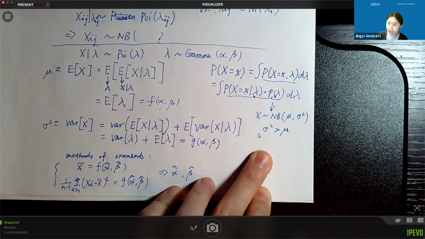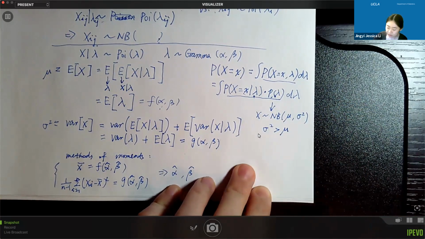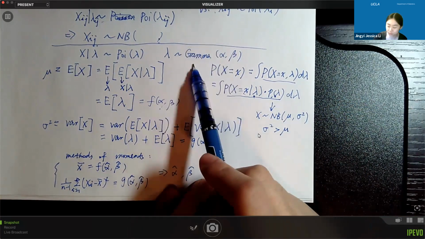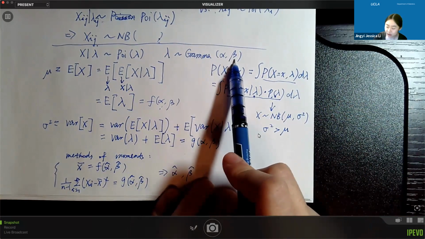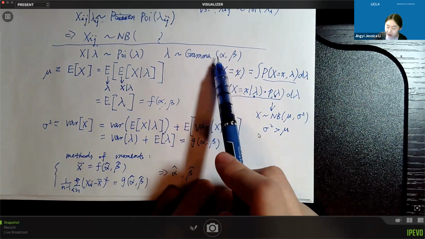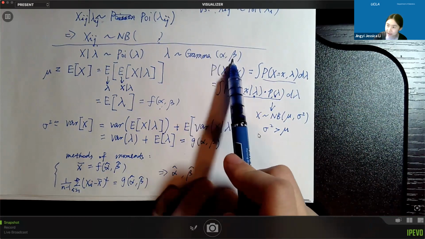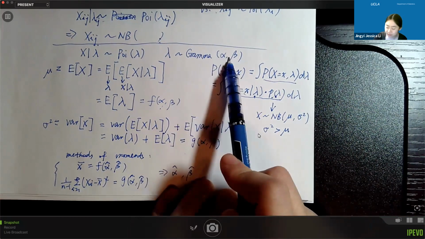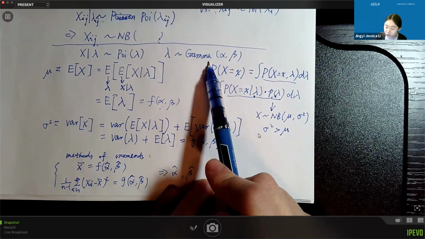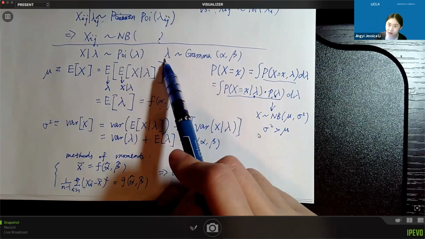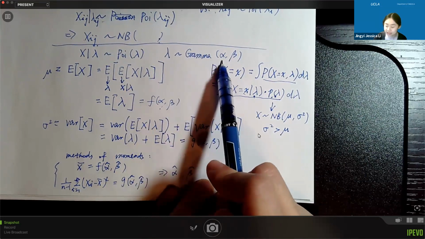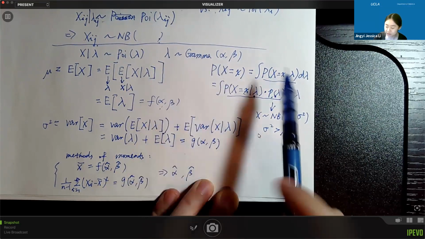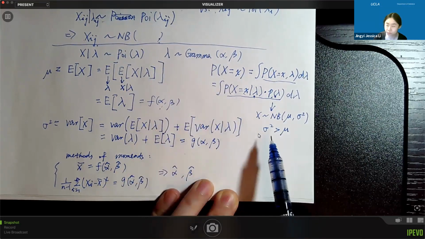Unless what? Unless the case when this gamma distribution is reduced to a constant without variance. Whenever the alpha beta values satisfy that the variance of this gamma distribution is 0, which means lambda is no longer a random variable, but a constant that equals the mean, then the negative binomial reduces to Poisson.